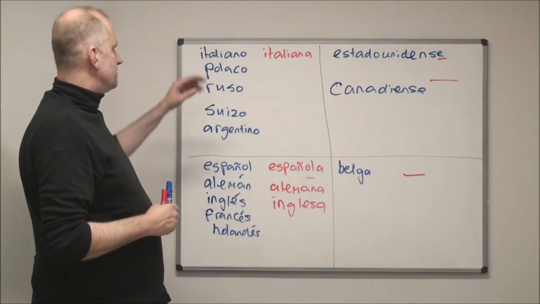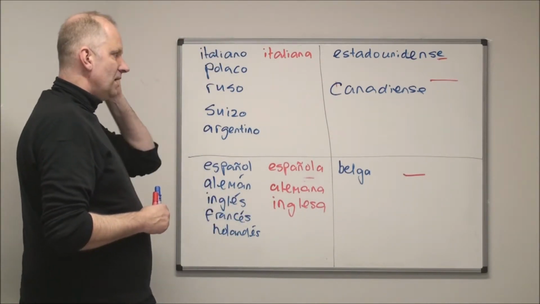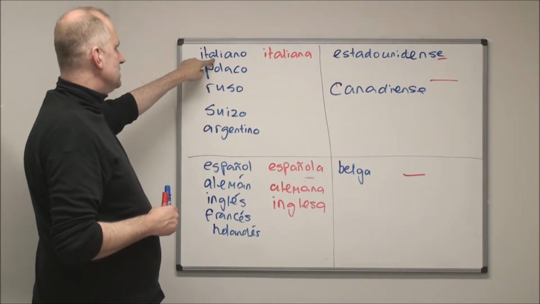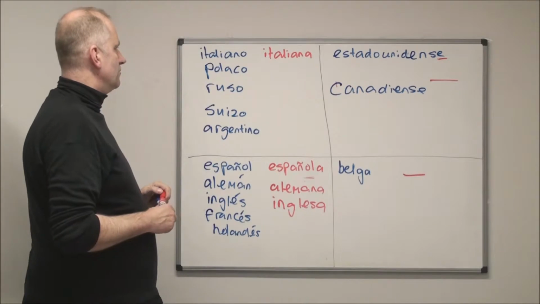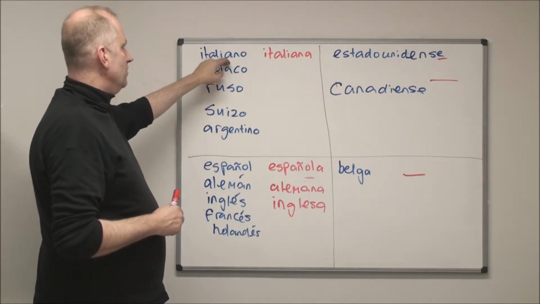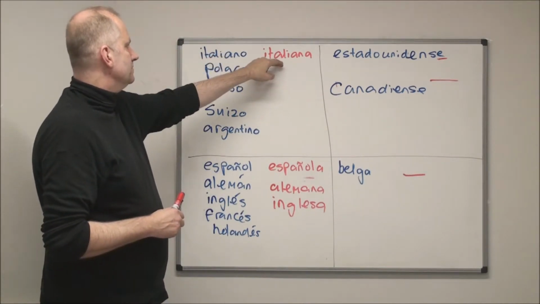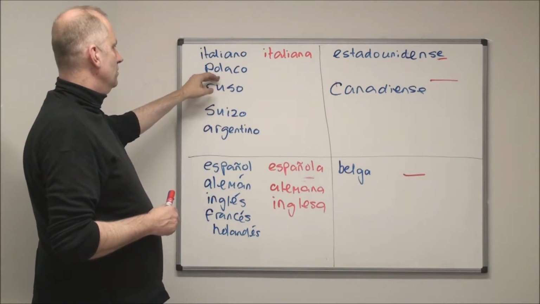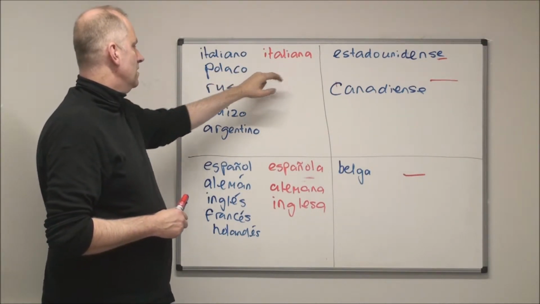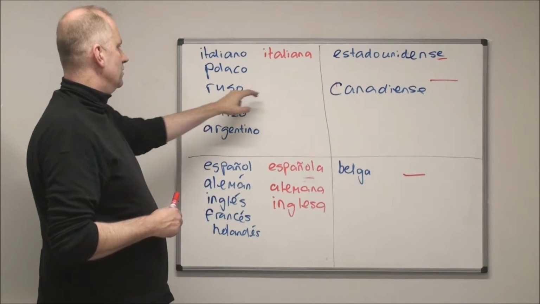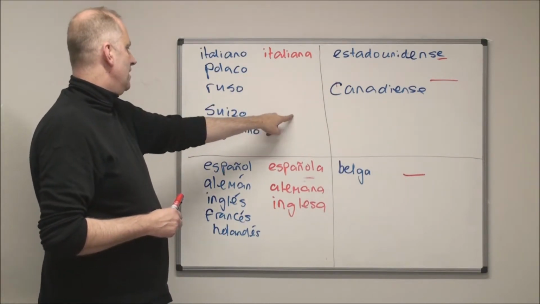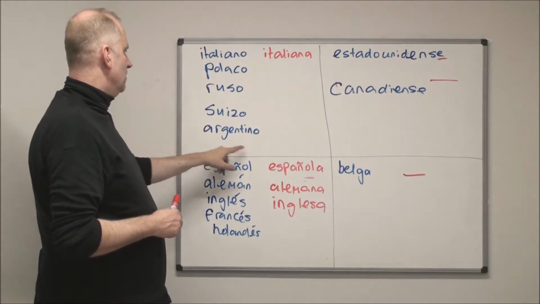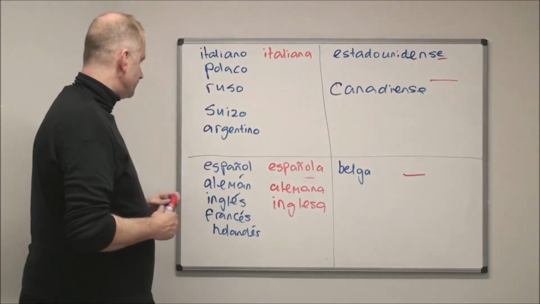Now, the best thing to do is just practice the pronunciation. I'm going to read through these, and as I say them, just repeat. Italiano, Italiana, Polacco, Polacca, Russo, Russa, Suizo, Suiza, Argentino, Argentina.